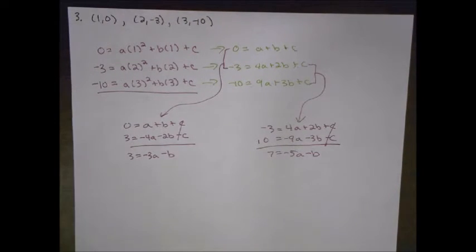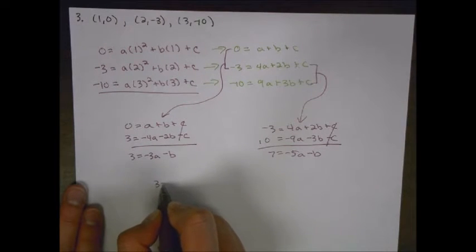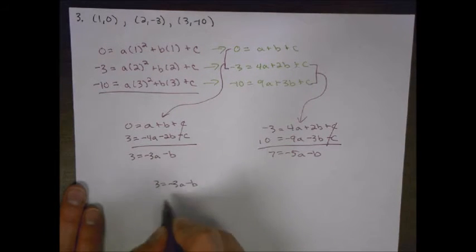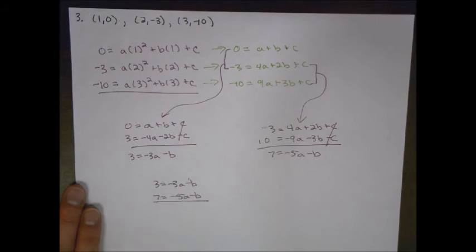I'm looking at my equations. Can I simplify them at all? Divide by anything? No. So now I do a systems of 2 equations. So I'm going to stack these. Will anything be eliminated right now? Not quite.